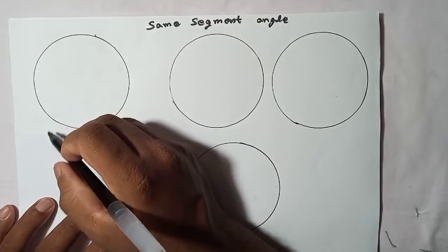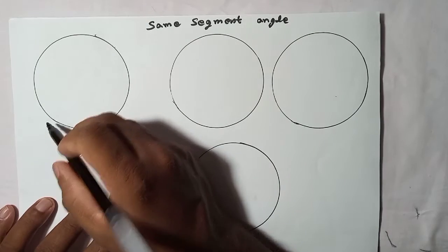Now think of the first circle theorem like this.